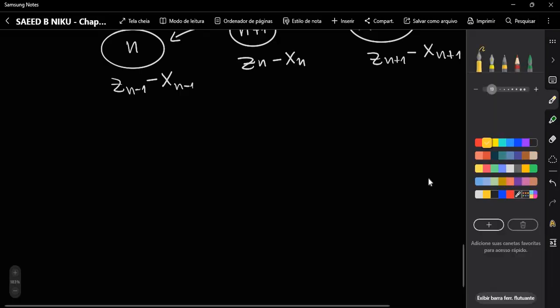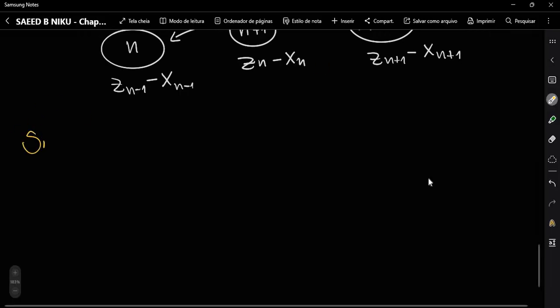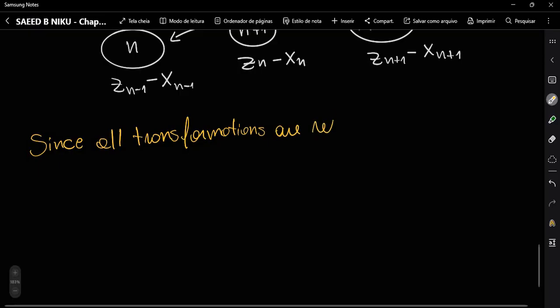Let me highlight this again, since all transformations are relative to the current frame.